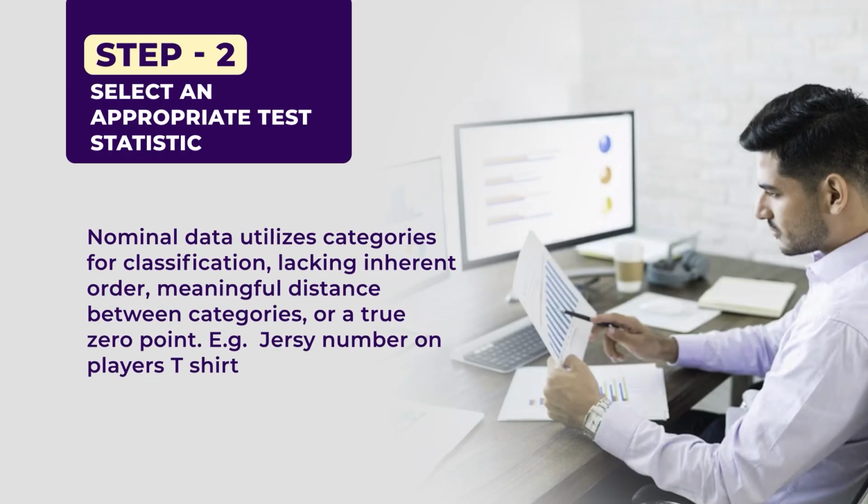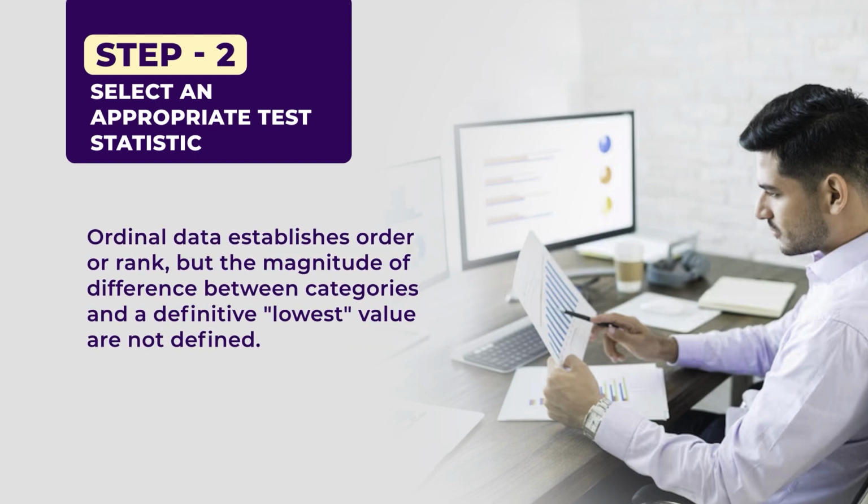So let's see how the scale we use for the data affects the selection of the test statistic. Nominal data utilizes categories for classification, lacking inherent order, meaningful distance between categories, or a true 0 point. For example, the number on a player's t-shirt. Ordinal data establishes order or rank, but the magnitude of difference between categories and the definitive lowest value are not defined.